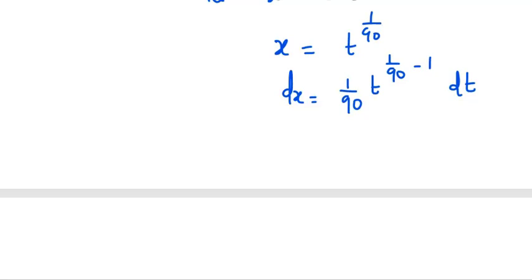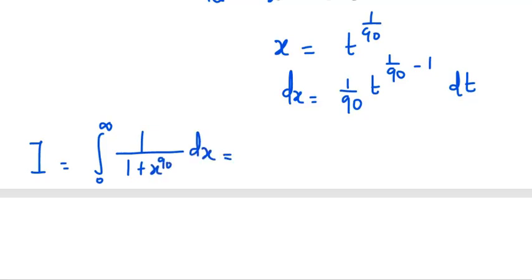Now, our original integral I is equal to the integral from 0 to infinity 1 divided by 1 plus x to the power of 90 dx. This is going to be equal to the integral from, remember our limit remains the same because if x is approaching 0, t will be approaching 0 to the power of 90, which is 0, and when x is approaching infinity, t is approaching infinity to the power of 90, which is infinity.